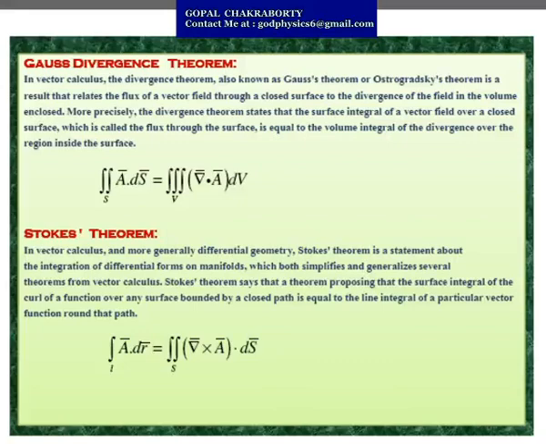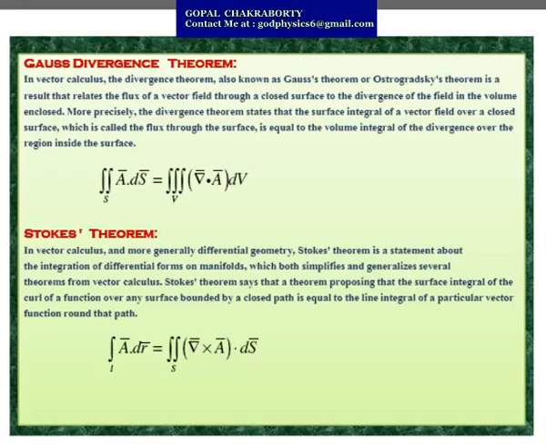Next one is the Stokes theorem. In vector calculus and more generally differential geometry, Stokes theorem is a statement about the integration of differential forms on manifolds, which both simplifies and generalizes several theorems from vector calculus.